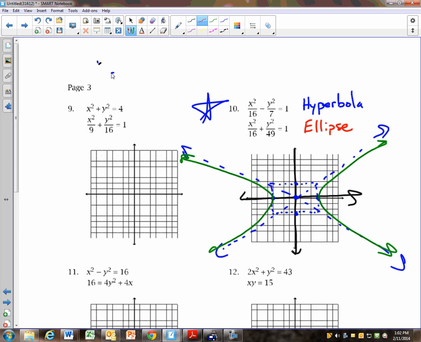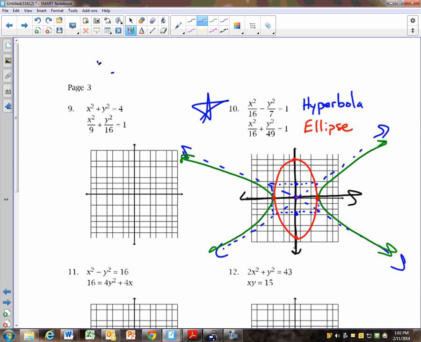How many units is it stretched horizontally? 4. How many units is it stretched vertically? 4. How many places does it look like it intersects? Can you tell what those 2 places are?